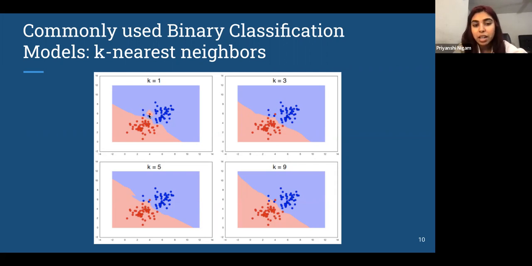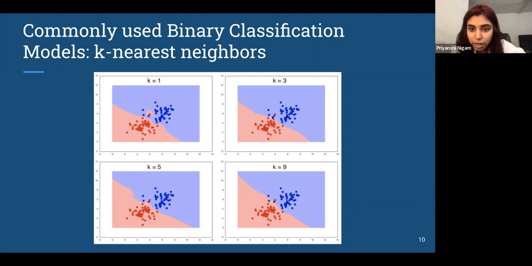But that creates an uneven boundary where it's isolating that one red dot, which is very accurate, but not the ideal scenario. So instead, we'll look at K equals 3. This red dot will look at the three neighbors nearest to it, and based on that, we'll decide a decision boundary.